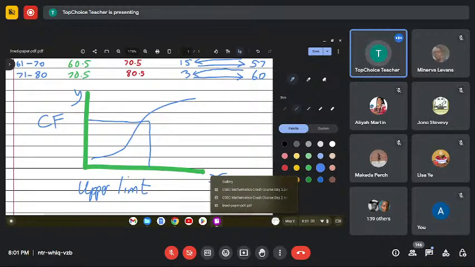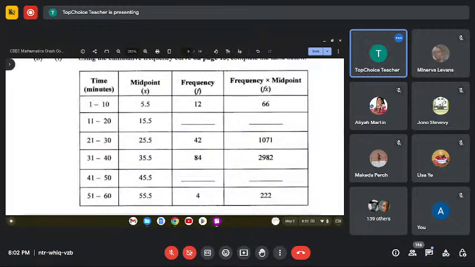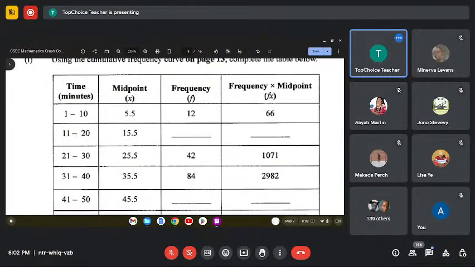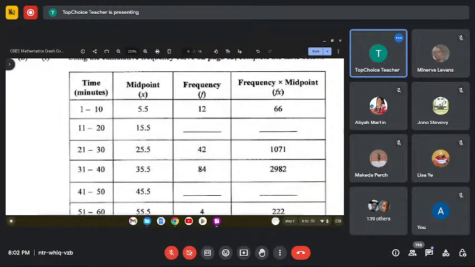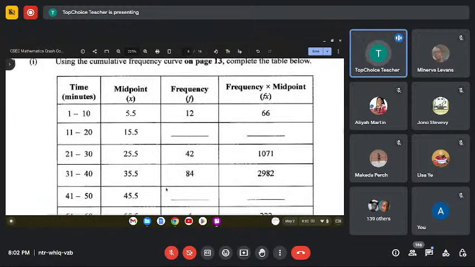That is what you have to do in this question. Let's look at this limit here, 10. You're seeing 10 is the upper limit.